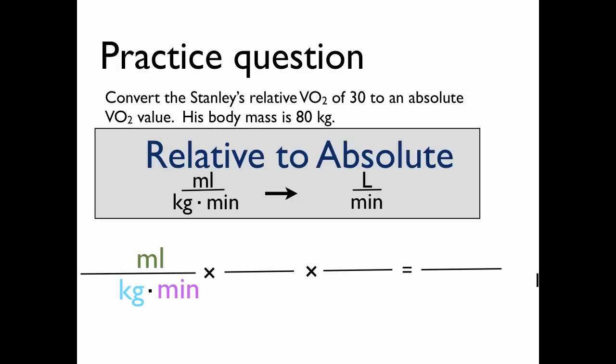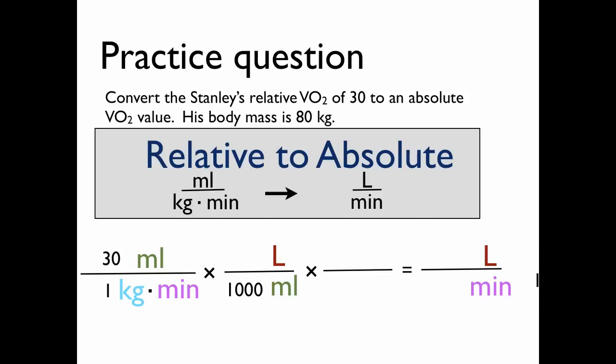So again, we're converting a relative value in mils per kilogram per minute to an absolute value of liters per minute. Stanley's relative value is 30 milliliters per 1 kilogram minute. We want to be able to convert milliliters to liters, and again we set it up so that the numerator cancels out the denominator.